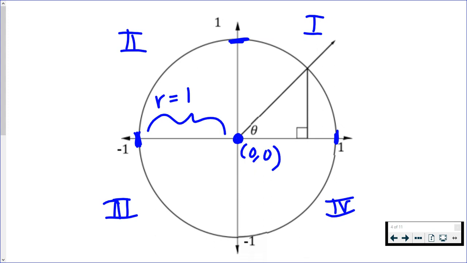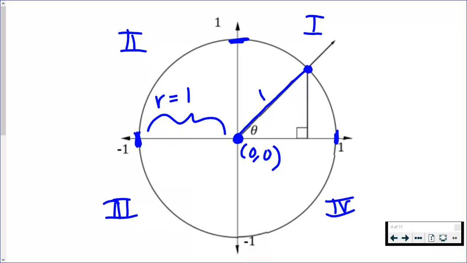If I know that the radius is 1, and from the center to this point out here, I have my hypotenuse, the hypotenuse must also equal 1, because the radius is the distance from the center to any point on the outside of that circle. So every single triangle that you could possibly draw inside of your unit circle has to have a hypotenuse of 1 because the radius is 1.